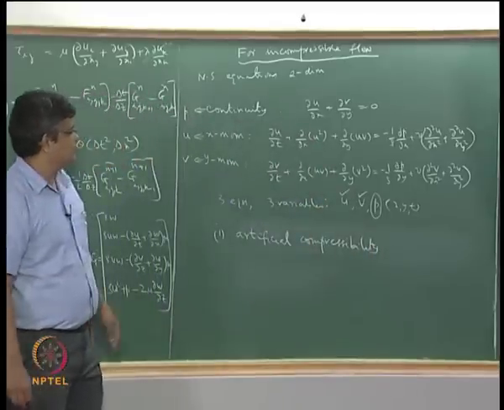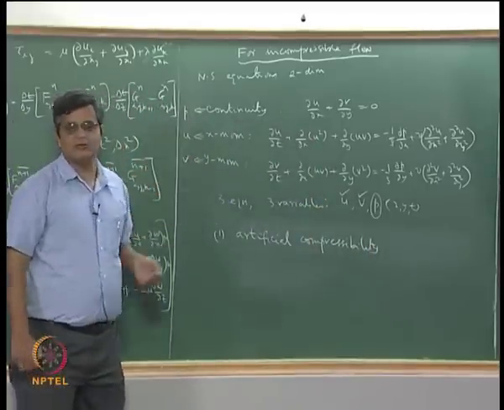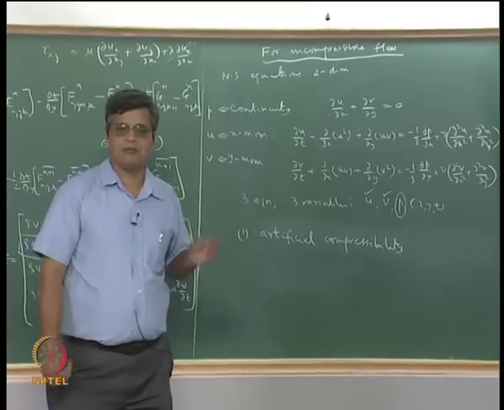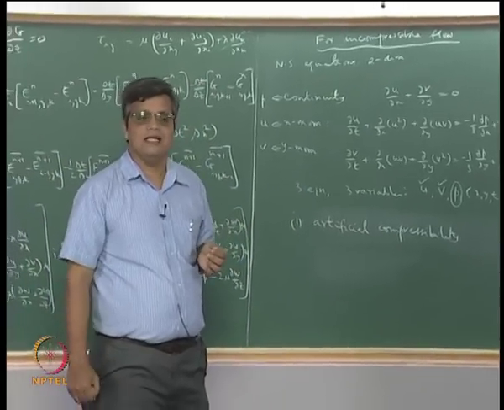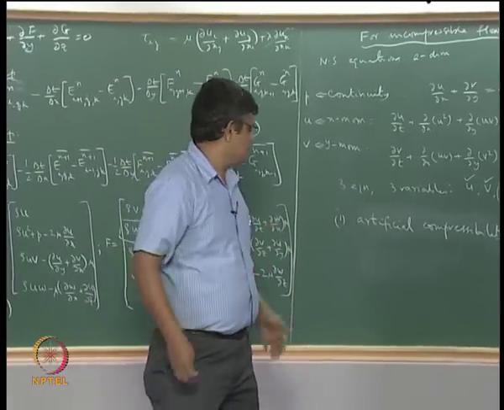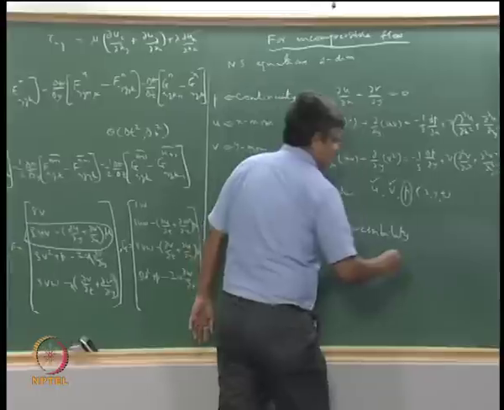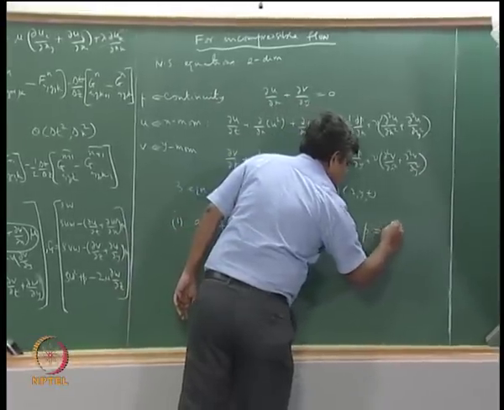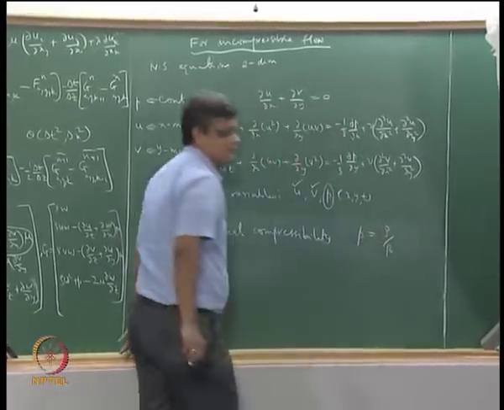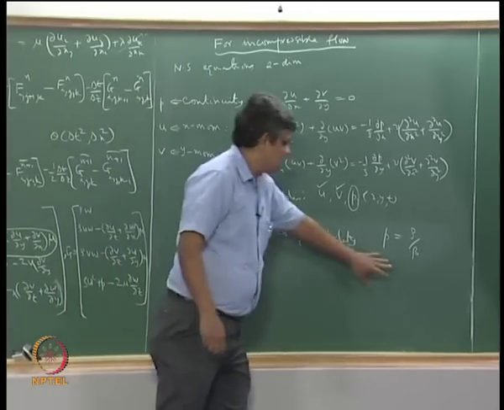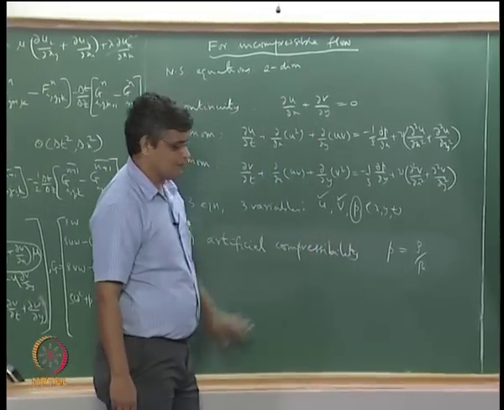Okay, so we say that since we are not able to get pressure from the continuity equation, we introduce an artificial compressibility. For example, we say that pressure is given by rho by beta, where beta represents the compressibility.